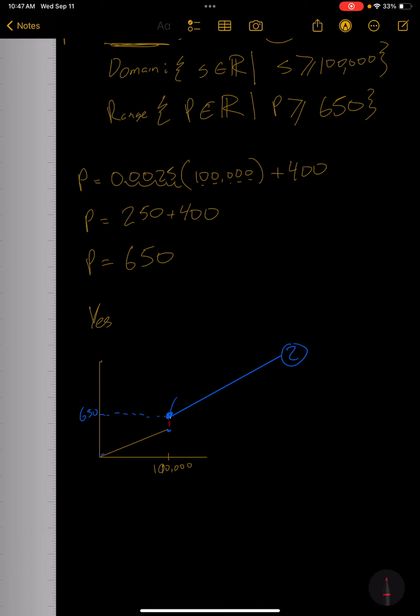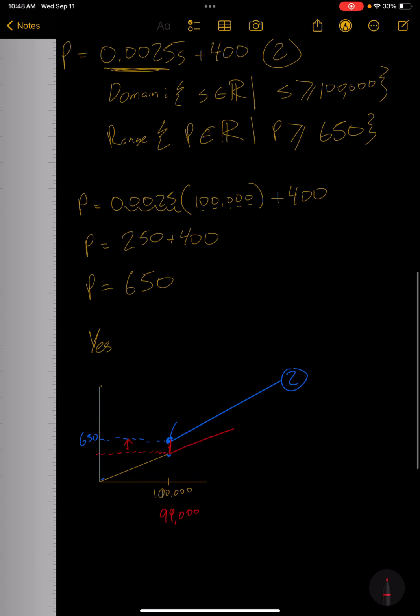Well, at 100,000, you get a bump in pay. So the difference between 99,000 and 100,000 is not just linear. It's actually a significant bump. And to find out exactly how much that bump is, you put it in the equation.